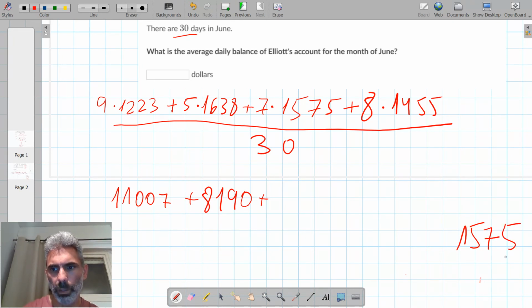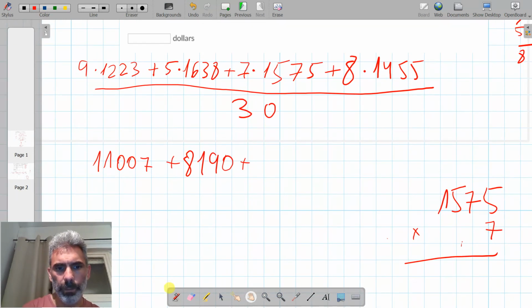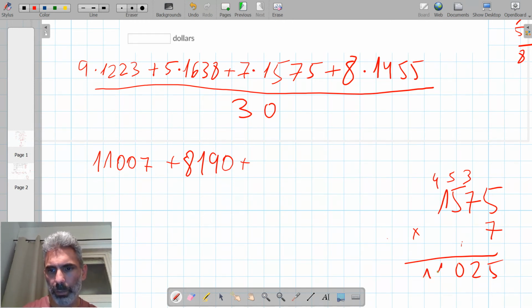1,575 times 7. 5 times 7 is 35. 7 times 7 is 49, plus 3 is 52. 7 times 5 is 35, plus 5 is 40. 7 times 1 is 7, plus 4 is 11.